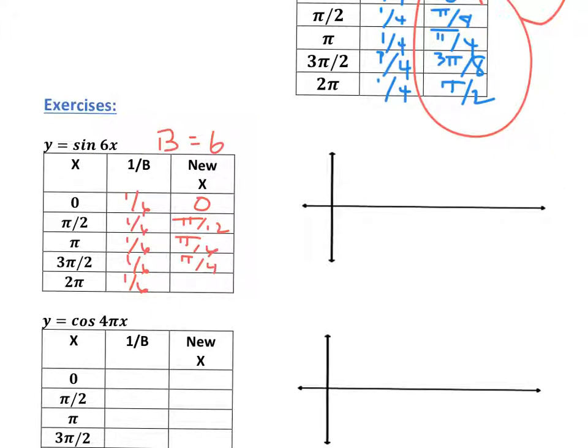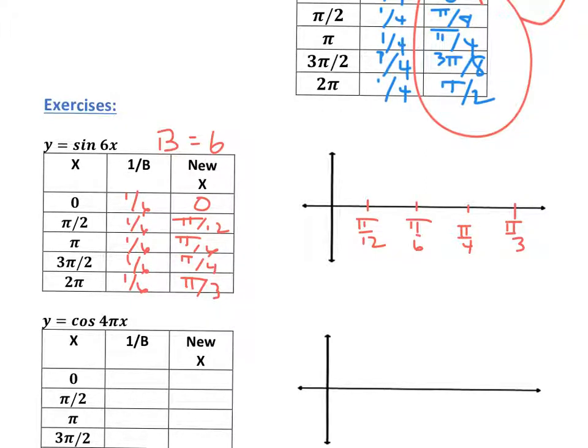It's 3 pi over 12, but you can simplify 3/12 to 1/4. And then 2 pi times 1/6 is pi over 3. 2/6 is the same thing as 1/3. So now our points are pi over 12, pi over 6, pi over 4, and our graph is going to finish at pi over 3.